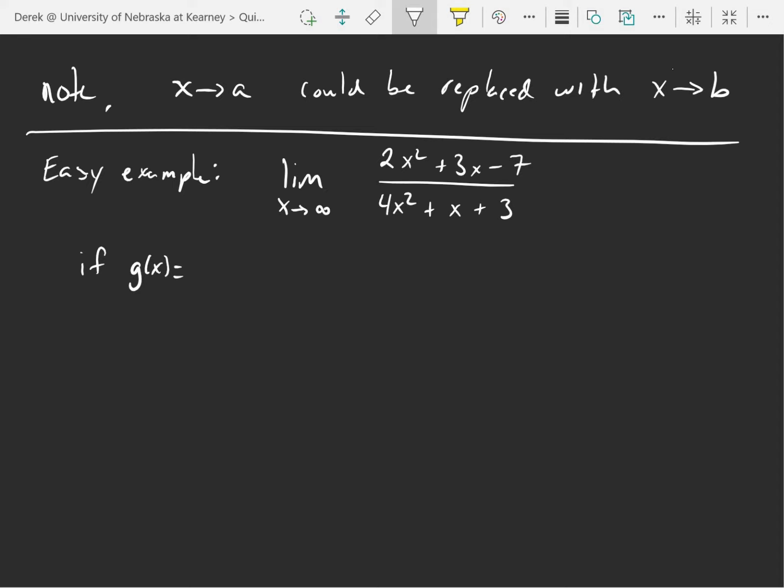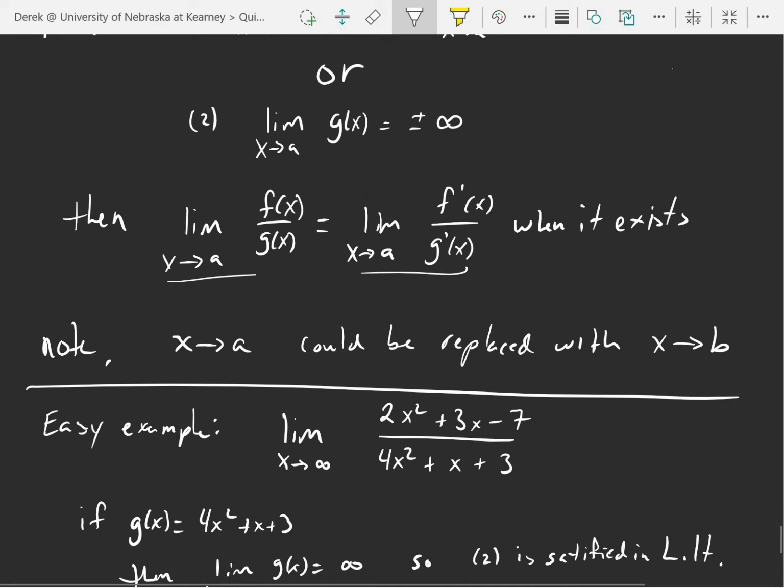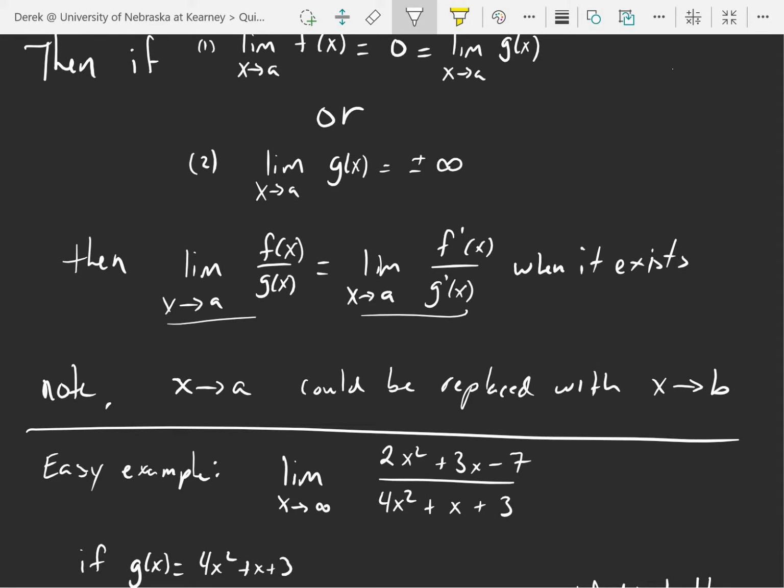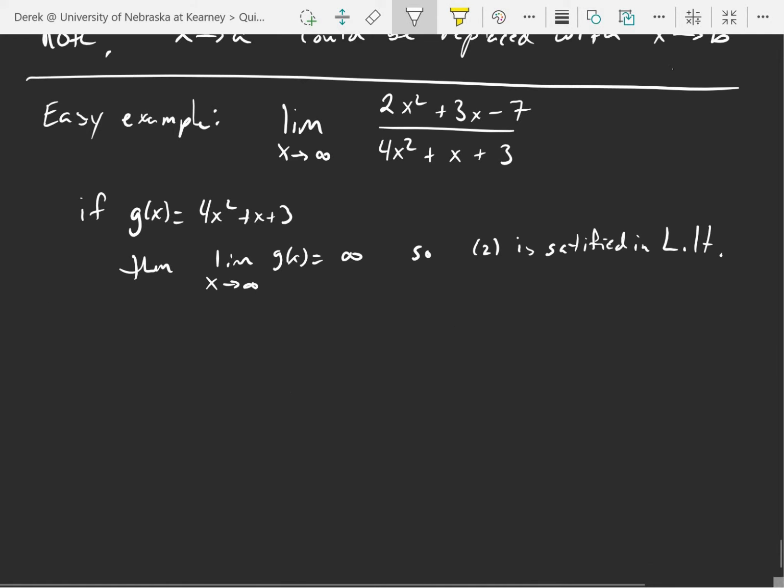if we take g of x equal to 4x squared plus x plus 3, then the limit as x goes to infinity of g of x equals infinity. So situation 2 is satisfied in L'Hopital's rule, right? Situation 2 was the limit of the denominator goes to infinity.